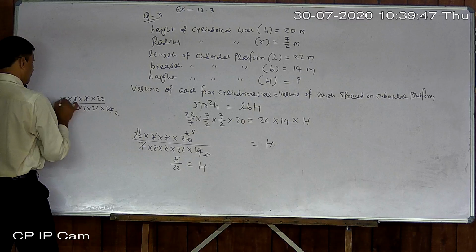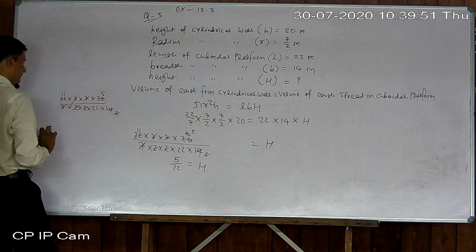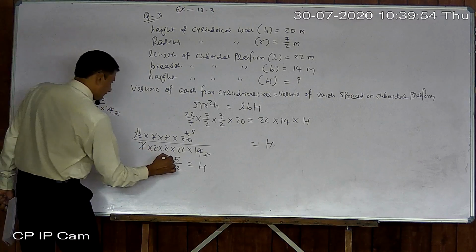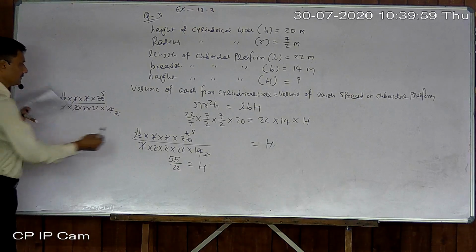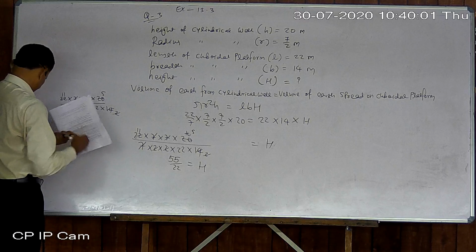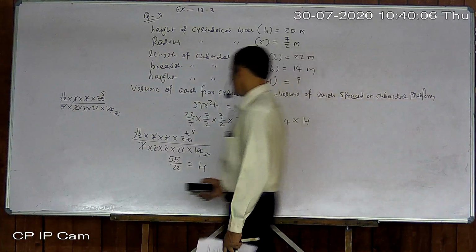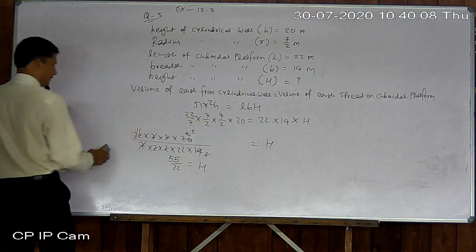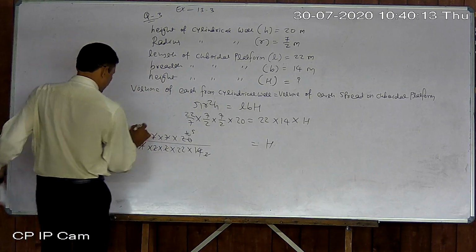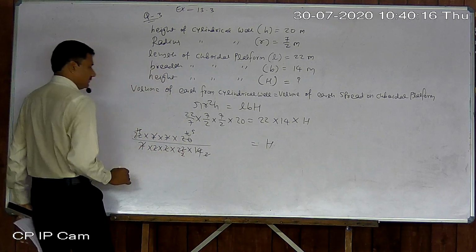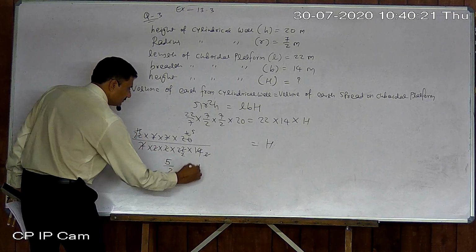Now 2 into 11, 2 into 4... 11 fives are 55 upon 20. If you don't want to go ahead with big numbers, 11 into 22, so whatever is left, 5 by 2 is equal to H.